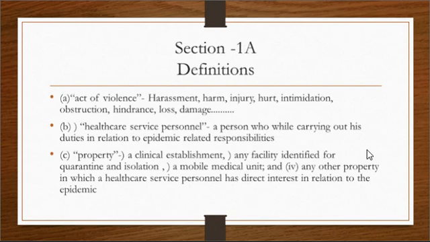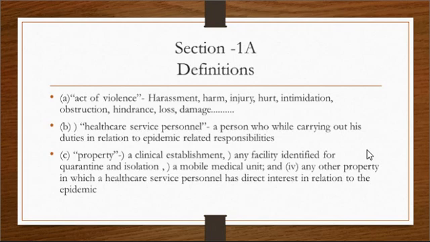Any kind of harm, injury, hurt, intimidation, or danger to the life of healthcare service personnel, either in the clinical establishment or any other place where this healthcare service personnel is serving the patients under working conditions, will be considered an act of violence.